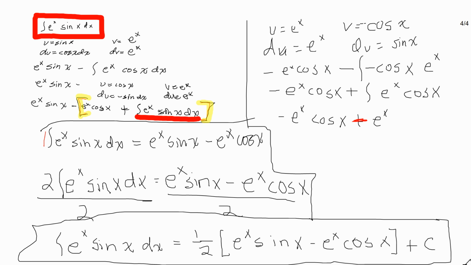Sine of x minus the antiderivative, v is going to be negative sine of x, du is e to the x.